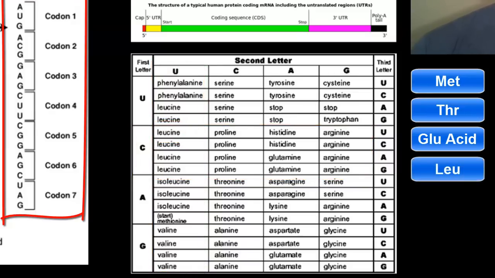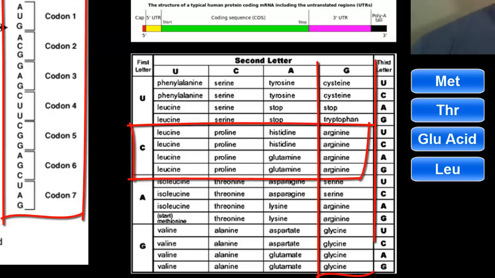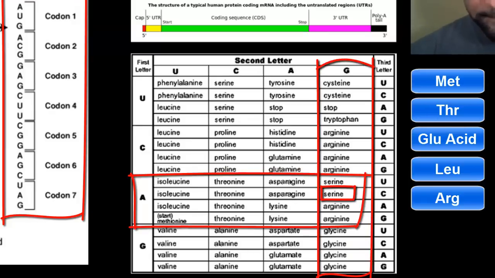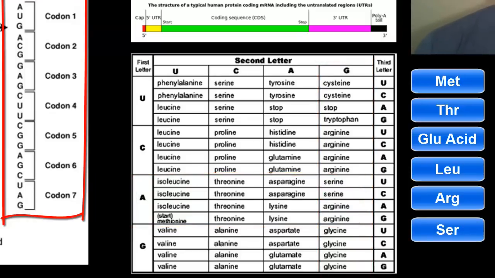The next one is CGG, codon number 5. What would be the amino acid that CGG would match to? Arginine, good. And then codon 6, AGC, would match to what? A serine, good.